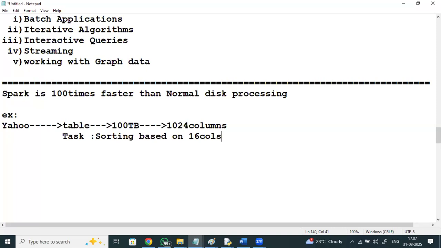Yahoo took a table of 100 TB consisting of 1024 columns. The task was sorting based on 16 columns, right?